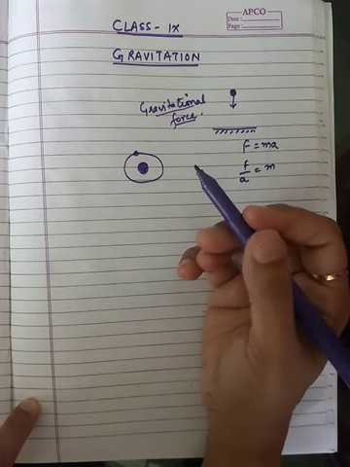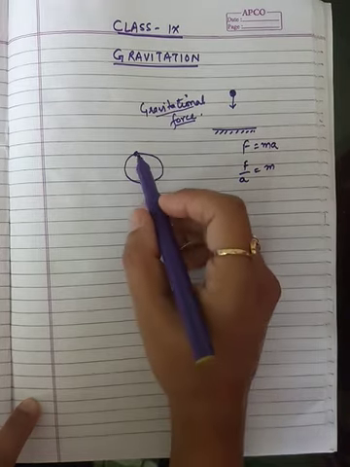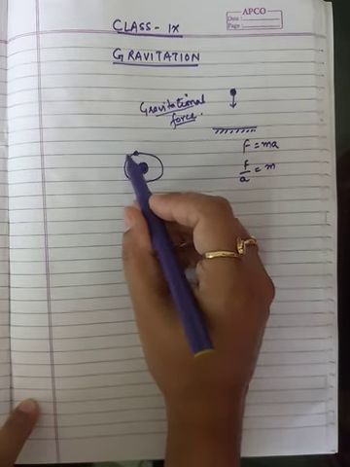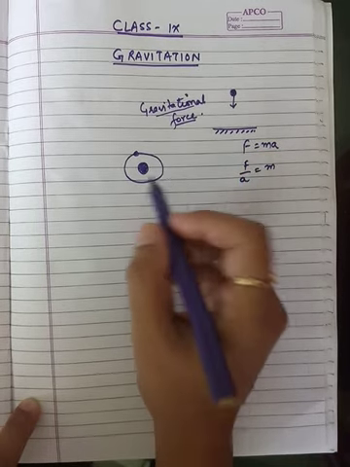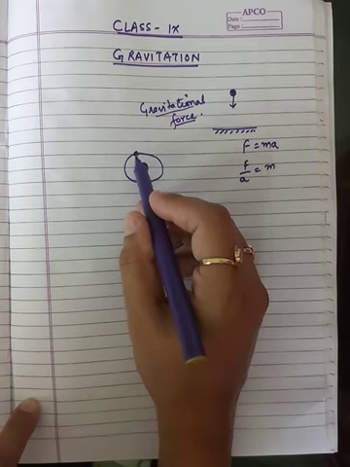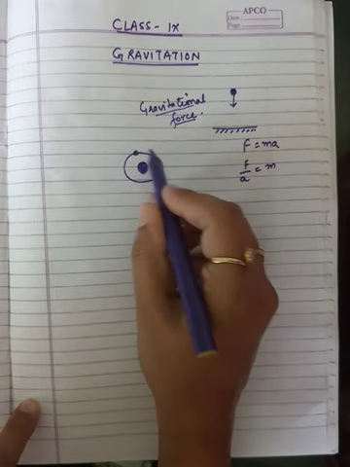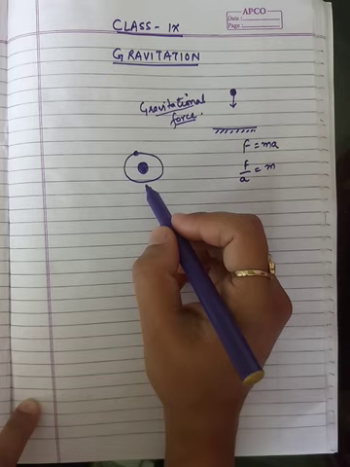This may be the question that comes into mind. So in a circular orbit, when it first started in the circular orbit, the circular motion concept comes into the picture.